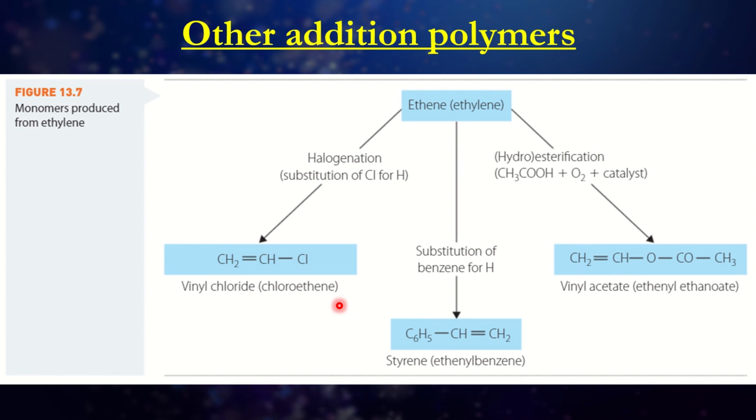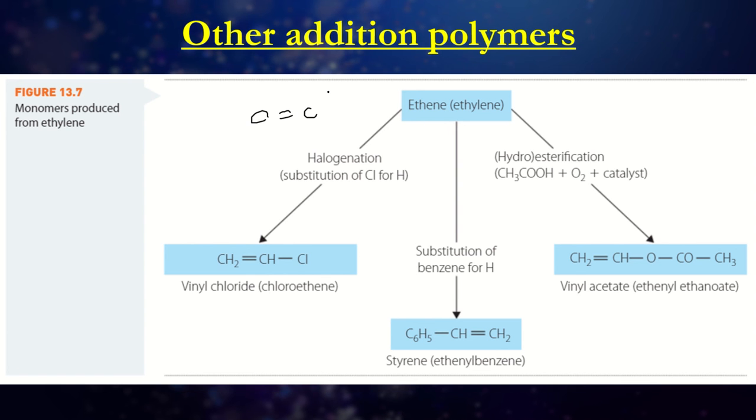There are obviously other derivatives of ethene that we can use to make more polymers. So if we have ethene and we let it go through halogenation, by including a halogen group, could be chlorine, and replacing one hydrogen, we get vinyl chloride or chloroethene. If we substitute a benzene ring for the hydrogen, I might actually even draw the structure of ethene. I know most of you know this, but it never hurts to just redraw it.